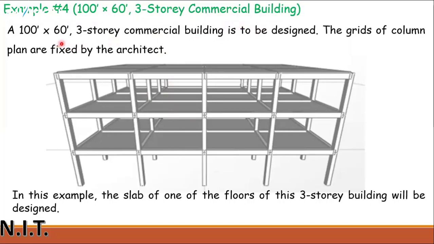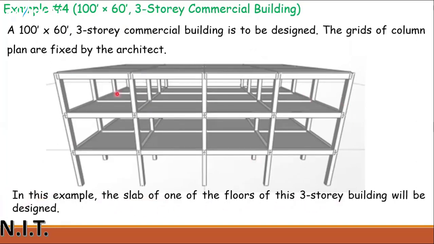The dimension of this building is 100 by 60 feet. The 3-story commercial building is to be designed. The grids of the column plan are fixed by the architect. In this example, the slab of one of the floors of this 3-story building will be designed.